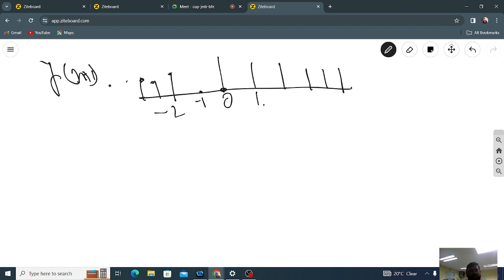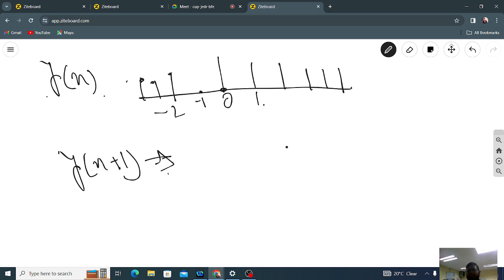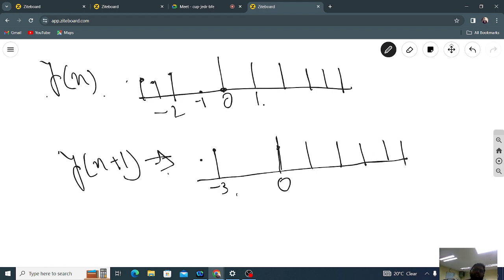So this is y of n. Now for y of n plus 1, it will be like this: it will take the value at 0 and at minus 3, and all the values are 1, and here all the values are 0.